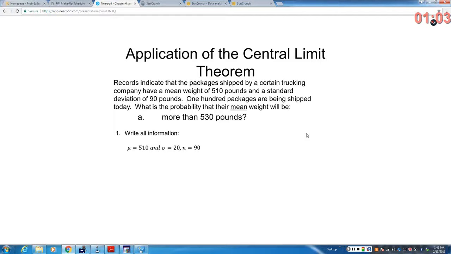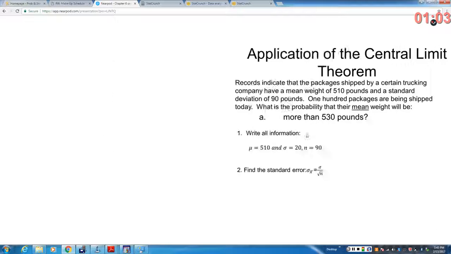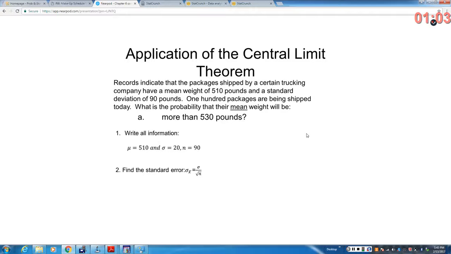Then next we convert to a z-score. X bar is greater than 530. Wait, I thought the standard deviation was 20. I mean 90. Okay, I'm going to go from here then.